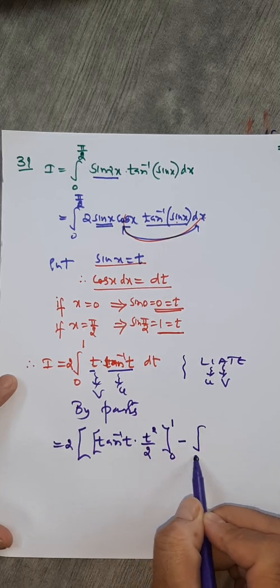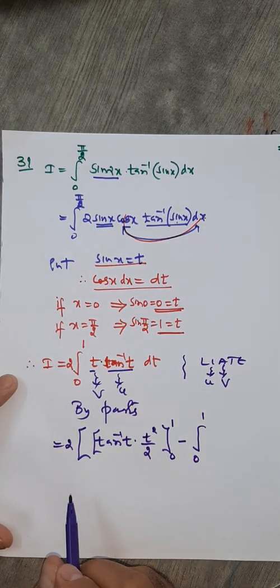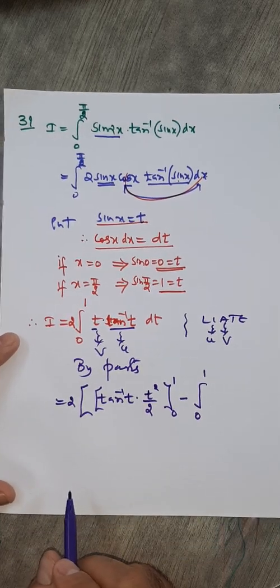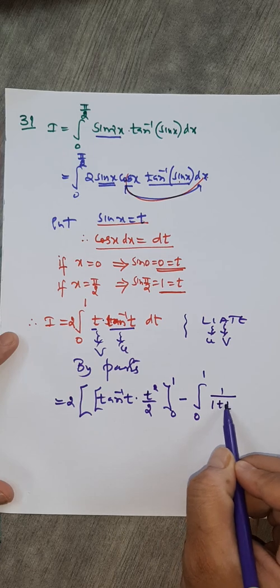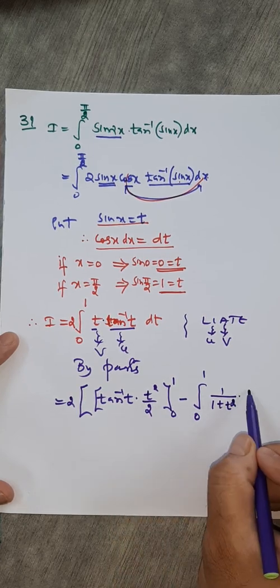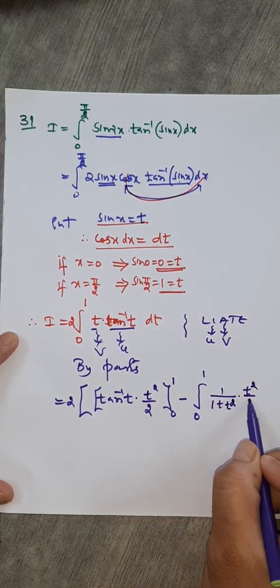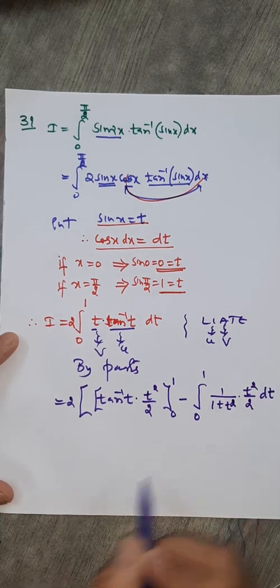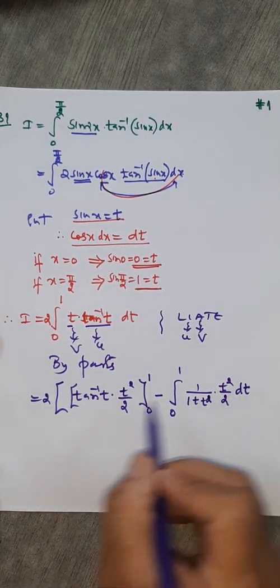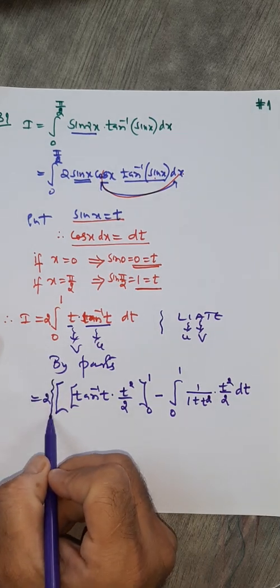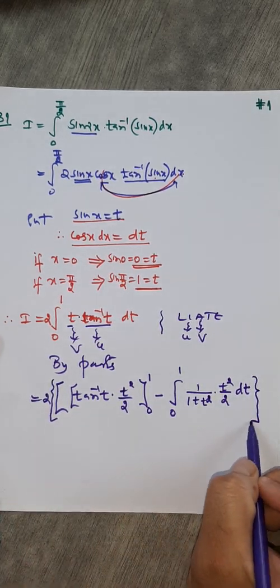Minus, inside the integral, differentiation of tan inverse t, which is 1 upon 1 plus t square, into the same thing which you wrote here, t square by 2, one more dt. This 2 is for all, remember, so I'll keep 2 outside.